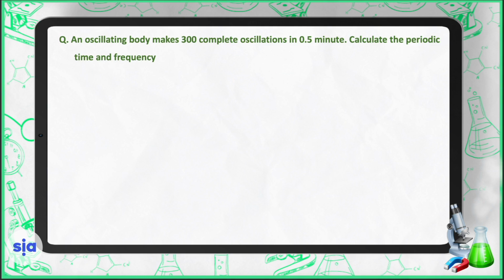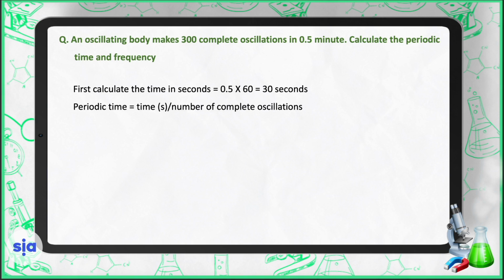Now let's solve this problem. An oscillating body makes 300 complete oscillations in 0.5 minutes. Calculate the periodic time and the frequency. First, calculate the time in seconds. So 0.5 times 60 equals 30 seconds. The periodic time equals the time divided by number of complete oscillations, which is equal to 30 seconds divided by 300.